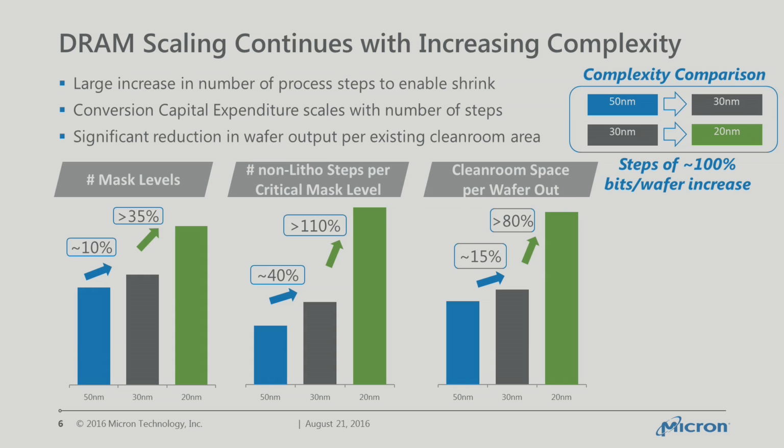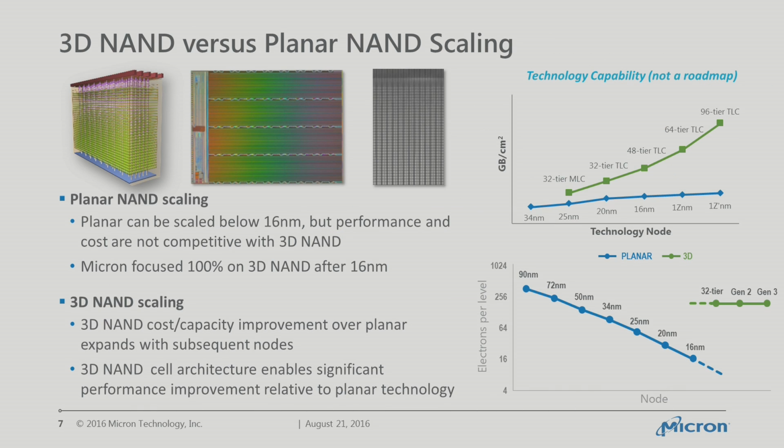And so you have to grow your fab size just to keep your wafer outputs constant. So when you see all these announcements about fabs being built, take that into account, right? It's not just blindly adding more capacity. It's actually part of what's necessary in order to make these bits work.